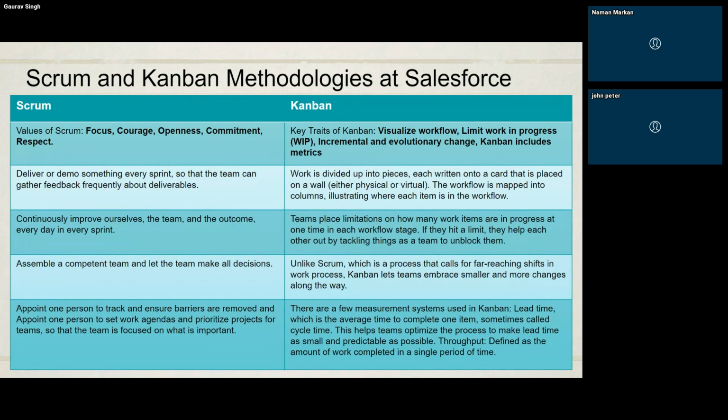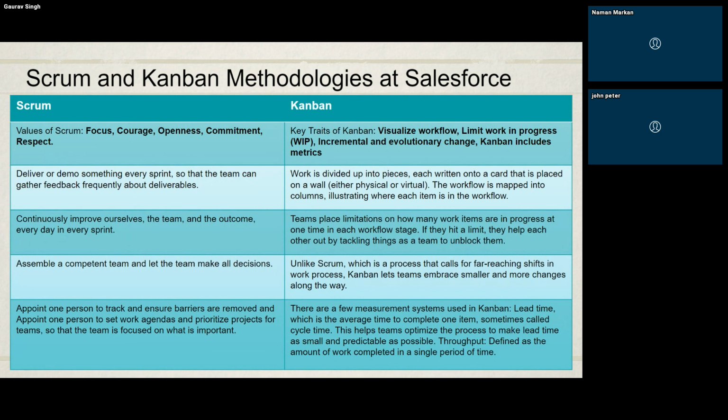In Kanban, the work is divided into pieces, each written onto a card that is placed on a wall. We will see some examples in the further slides. As a Scrum team, you continuously improve yourselves and the outcome in every sprint. In Kanban, teams place limitations on how many work items are in progress.